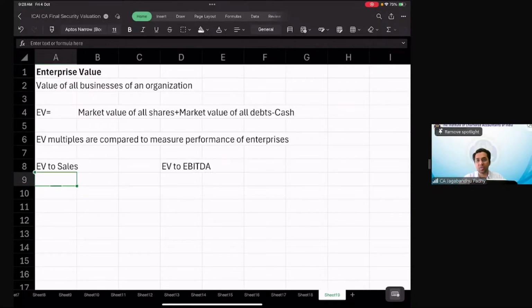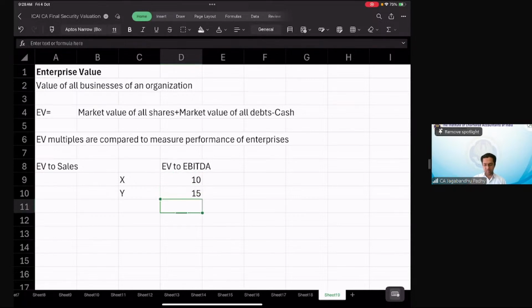Okay, there wasn't a question as such on enterprise value. There is a company X and there is a company Y. Now, when you look at the ratio enterprise value to EBITDA, let's say here it is 10 and here it is 15.